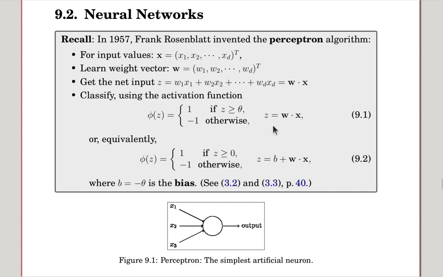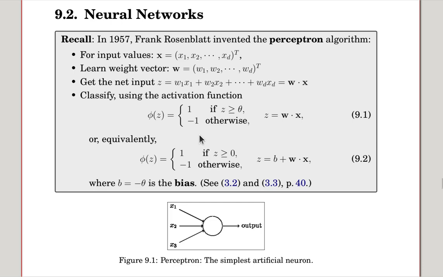Equation 9.1 can be written equivalently in this way, where rather than some value theta, it can be moved to the other side. And now b, which is minus theta, is the bias. So along with this thresholding, the classification, the prediction, can be done.